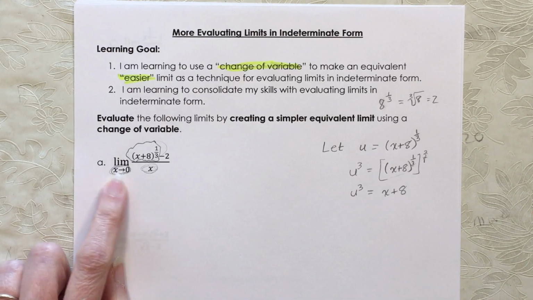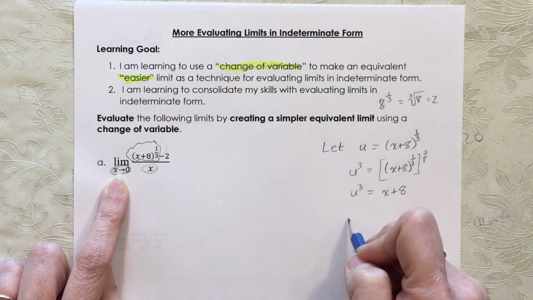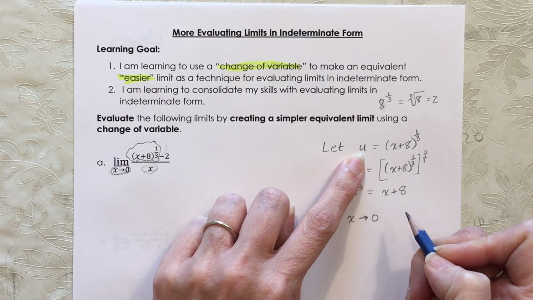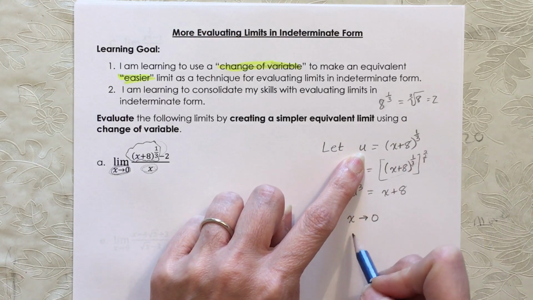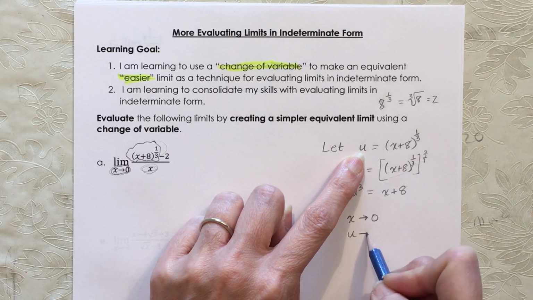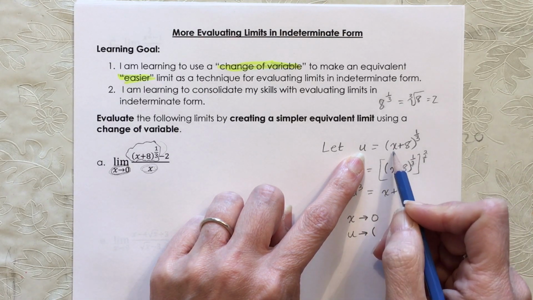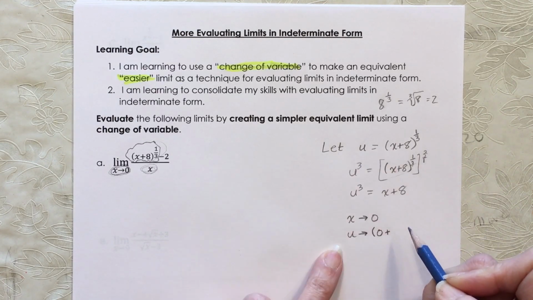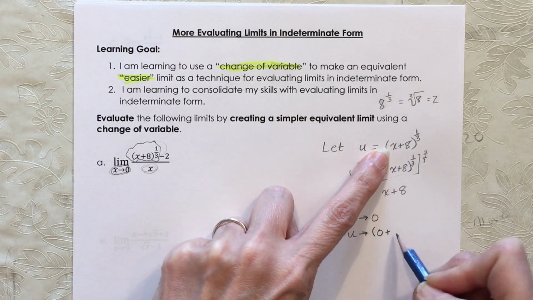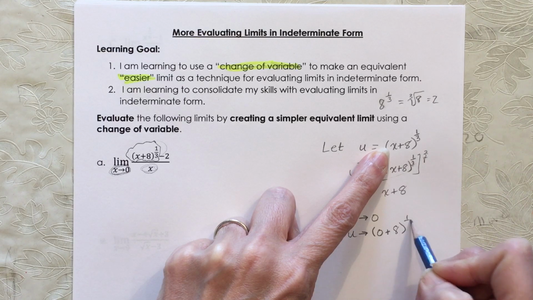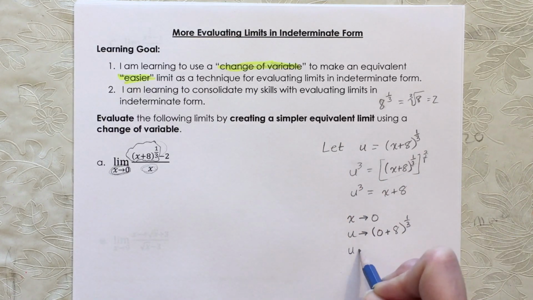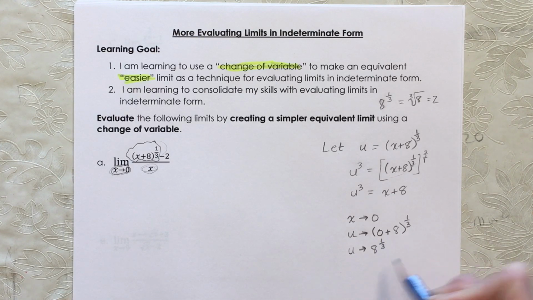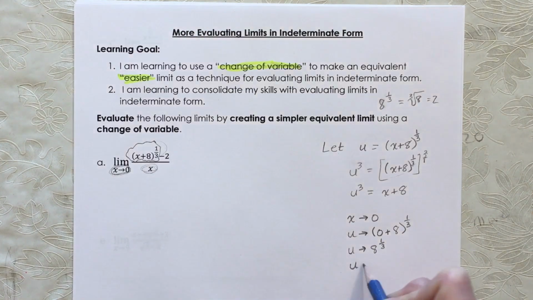The other thing we have to do is replace this limit. As x approaches 0, up here we said we're going to let u be (x plus 8) to the 1/3. So as x approaches 0, u is going to approach 0 plus 8 to the 1/3, or just 8 to the 1/3, which we said was the third root of 8.